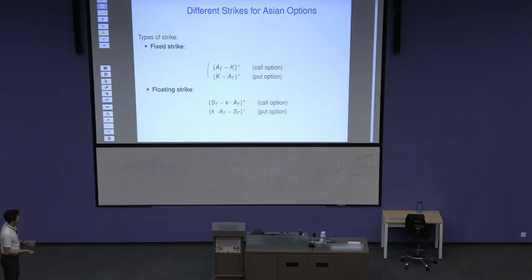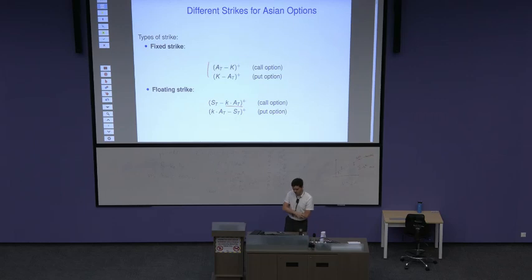You can start really with a European call option or European put option, just that the strike is not fixed, but is k times the average price. And k, the small k here, is not an absolute value, but something like a percentage value.